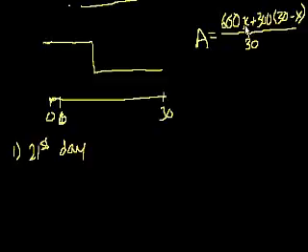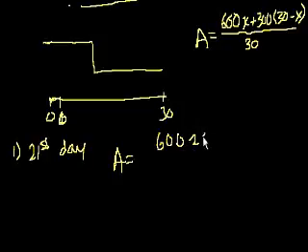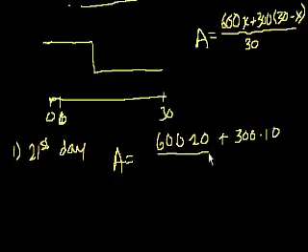And then on the 21st day, her balance would have gone to 300. So the average is going to be equal to 600 for the first 20 days, times 20, plus 300 times the remainder days, right? 30, so 300 for 10 days. And that's all divided by the number of days. So statement 1 alone is enough to figure out her average balance for the month.